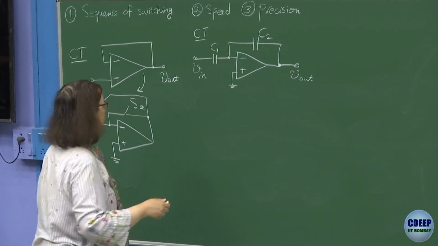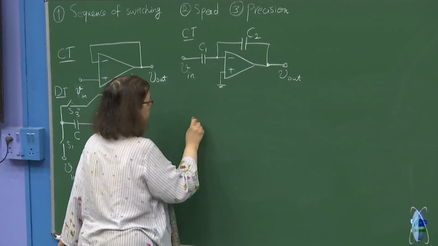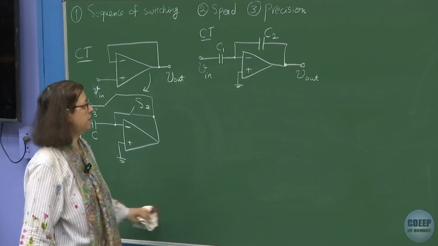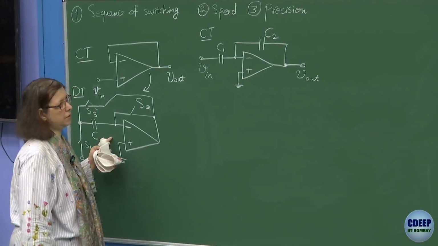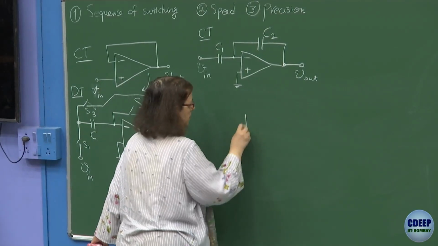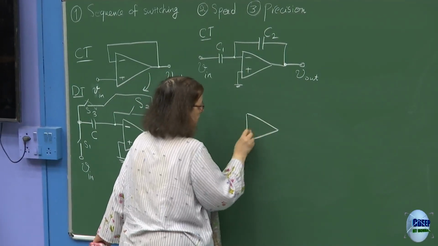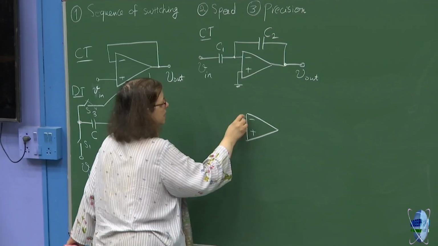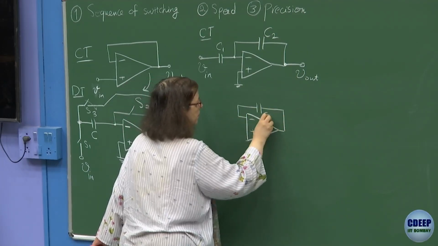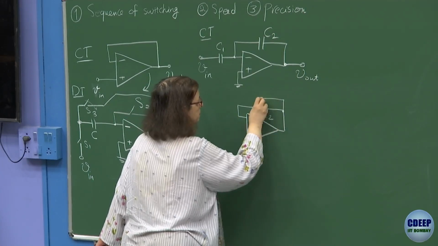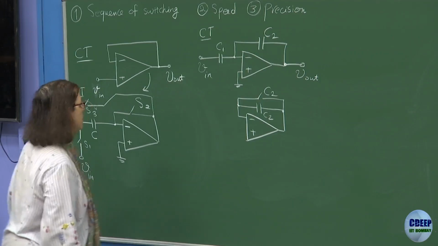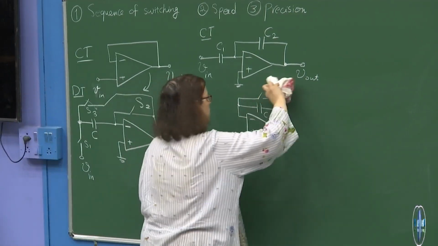In discrete time, it's a different thing. So now we want to make a counterpart of this case. So it's actually very similar to this case. Still this capacitor C2 will be switched.